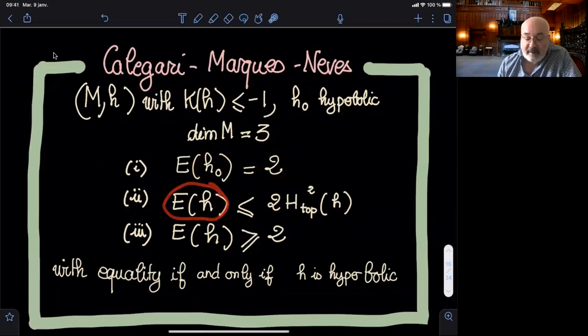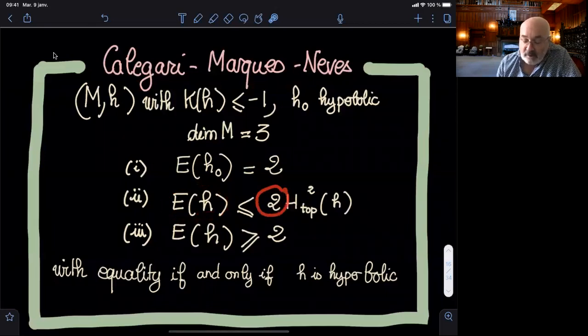The second part is that you actually have a superior bound for the entropy of H, for any H. So it's less than twice the square of the topological entropy of the metric. So at least you see that it's coherent because this is in 1/square meter, and this is 1/square meter, and this is in 1/meter.